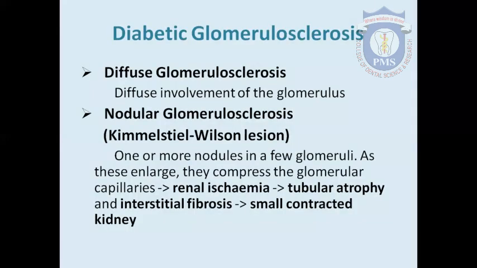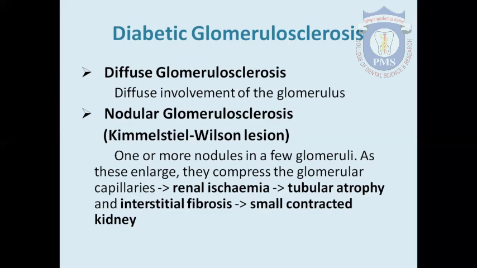Diabetic glomerulosclerosis. There are 2 types: diffuse glomerulosclerosis and nodular glomerulosclerosis. Diffuse glomerulosclerosis, there is a diffuse involvement of the glomerulus as the name suggests. Nodular glomerulosclerosis is otherwise called Kimmelstiel-Wilson lesion. One or more nodules are seen in a few glomeruli.